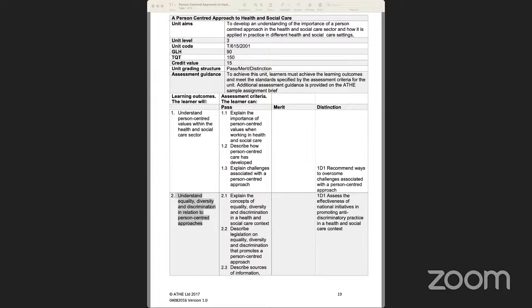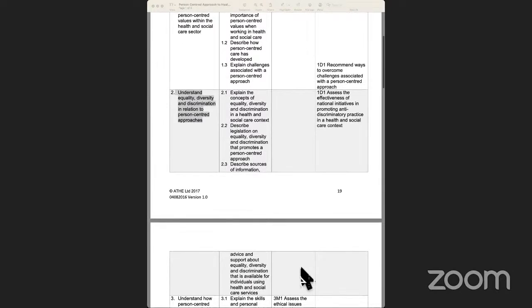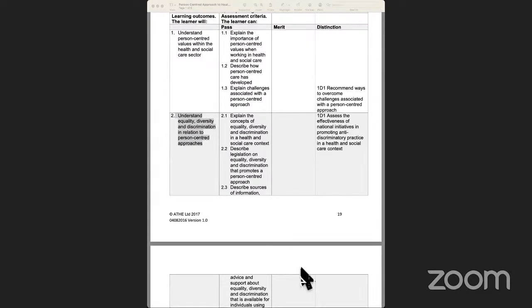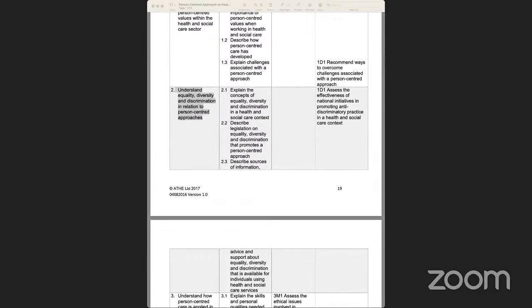The other bit that we will be looking at is understanding what could be the various sources of information which could be looked at to derive information about the key areas of equality, diversity, and what constitutes discrimination. And what we need to be doing is steering away from the aspect of how or where discrimination essentially can happen. And then one of the assessment criteria in this particular learning outcome is to assess the effectiveness of national initiatives.